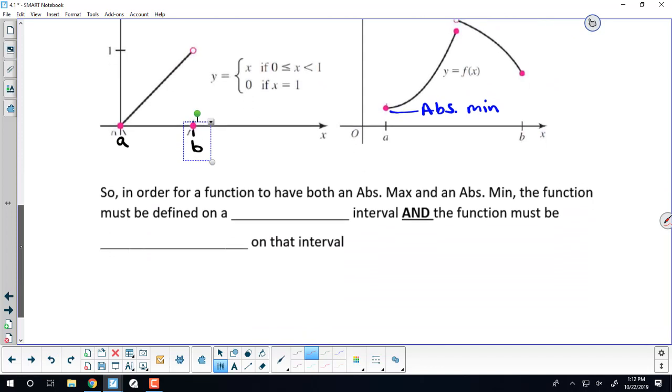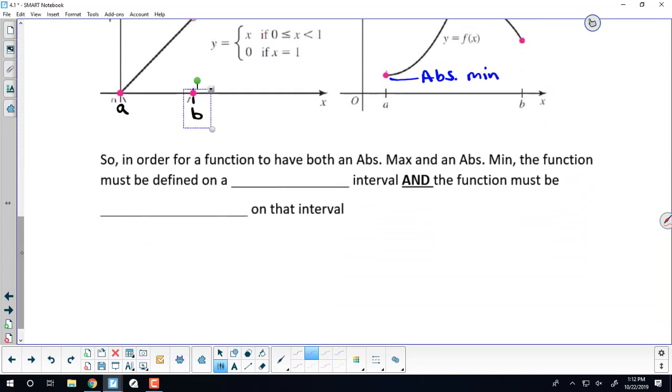Without proof, we're just going to say that in order for a function to have both an absolute max and an absolute min, the function must be defined on a closed interval, and the function must be continuous on that particular interval.